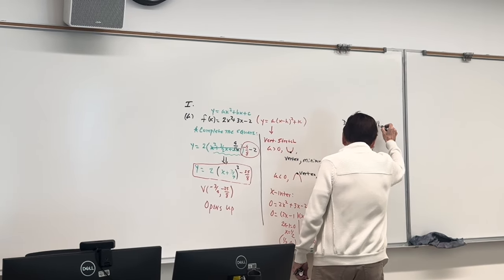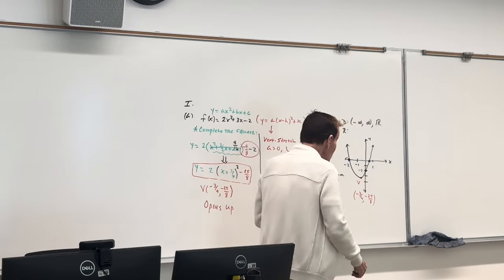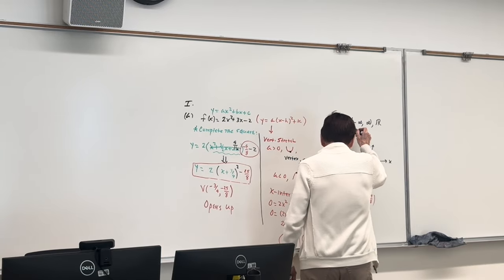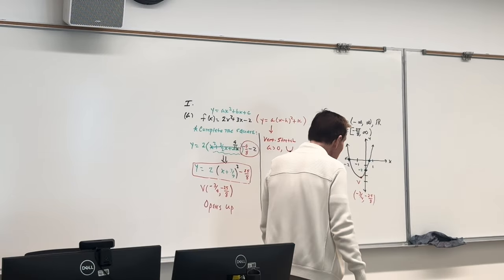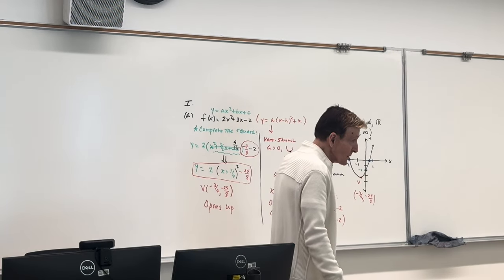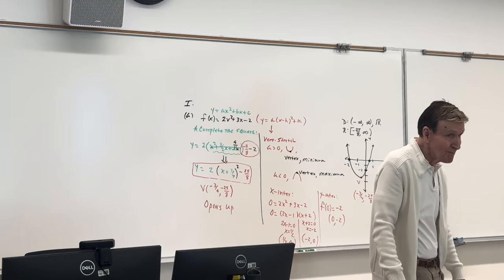That's the y. How far down does this thing drop? -25/8. That's the minimum. And how high up does it go? Forever. Through infinity. So there's domain and range. Done.